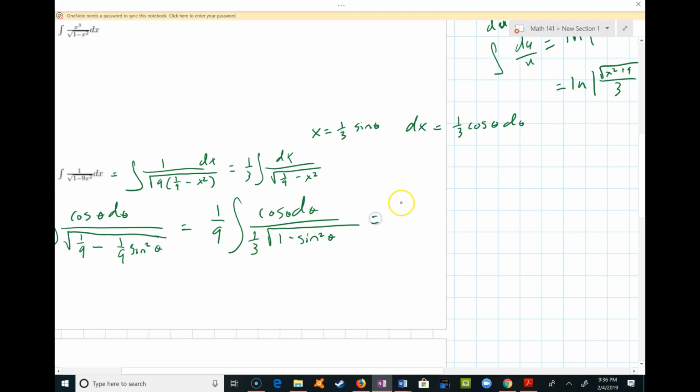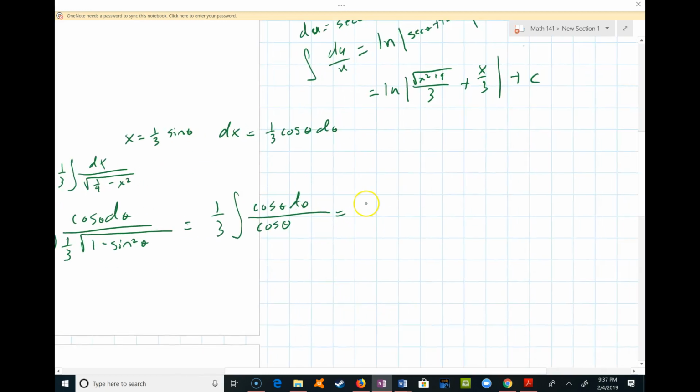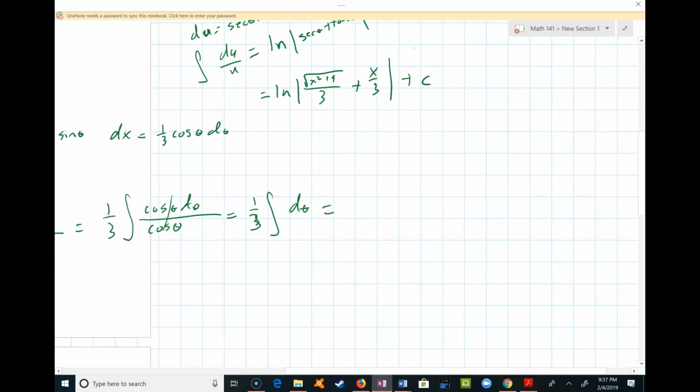So that would be 1/3 the integral of cosine theta d theta over the square root of cosine squared, which is just cosine theta. Now look at that. This is just going to be 1/3 the integral of d theta, as the cosines cancel out. Wow, you couldn't ask for an easier one than that.